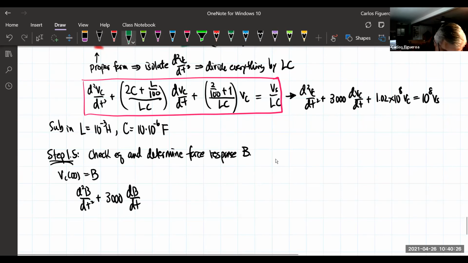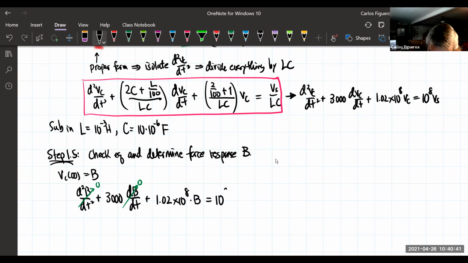which immediately tells us that, of course, this is 0 and this is 0. So then that means that this guy's going to be 1.02 times 10 to the 8 times B, and that has to equal 10 to the 8 V source. Right away, I can cancel out the 10 to the 8s.